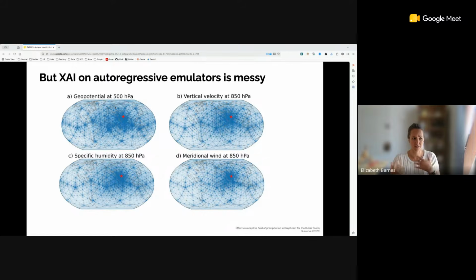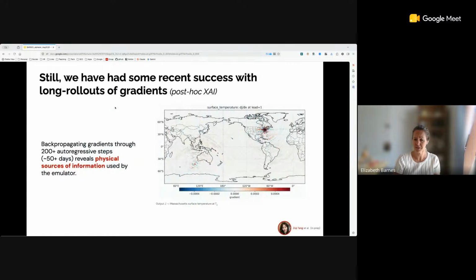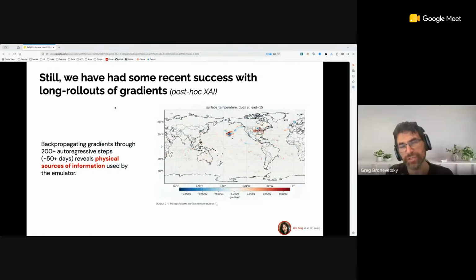I'm not sure we're going to gain all that much information from looking at these, but we're still trying. So these are some new results by one of my, yep.